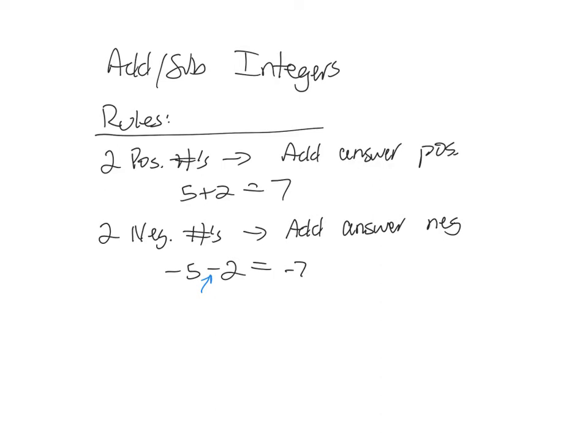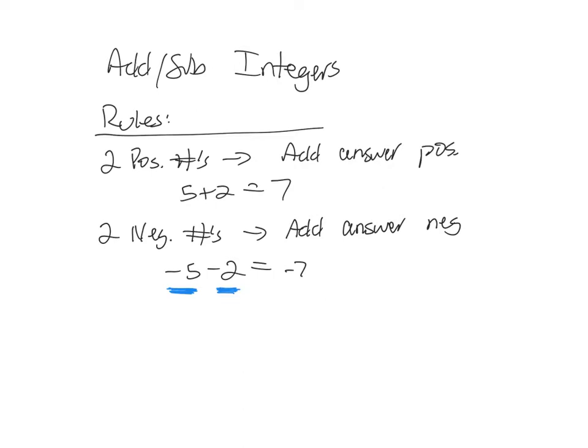So there's a few different ways to think of it. You could think of it as I missed 5 problems on the front side of a worksheet, and I missed 2 problems on the back side. So altogether, I missed 7 problems. So you could think of it as missing problems and extra credit for positive.